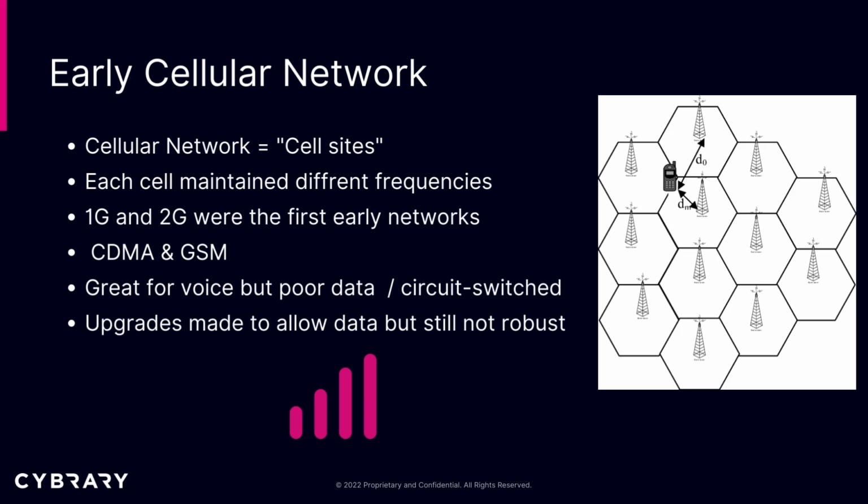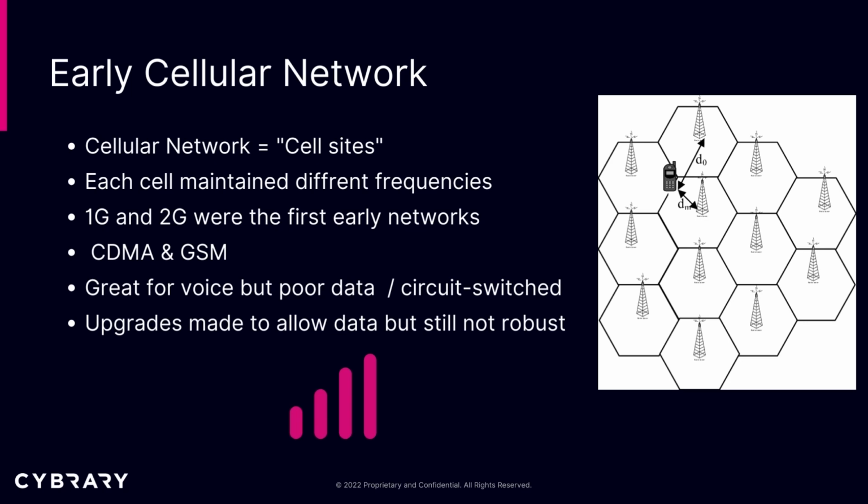Each cell would have a different frequency than its neighbors, so signals would not interfere with one another, providing guaranteed service quality within each cell. So if you can imagine all of these cells across the geographical area, and they all have their own separate frequencies, these cells together make up our entire cellular network.